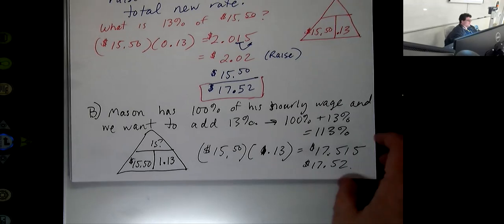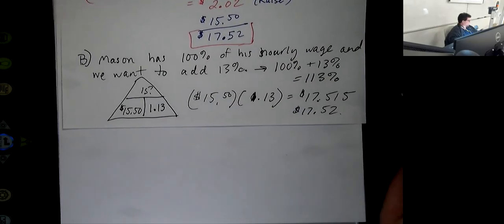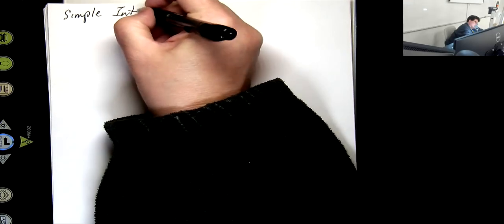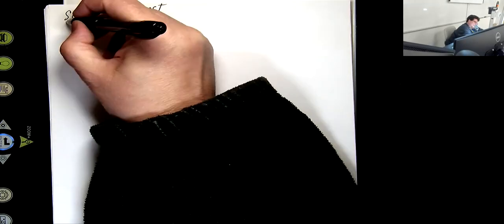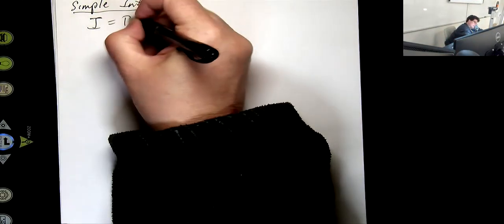Another question in this category is simple interest. Simple interest is linear: I equals PRT.